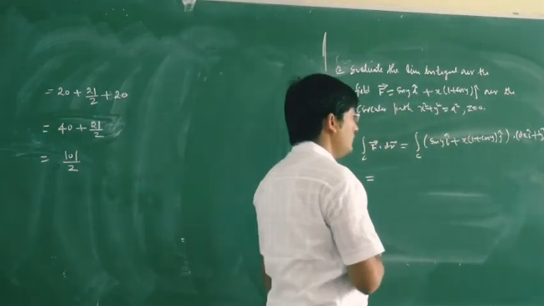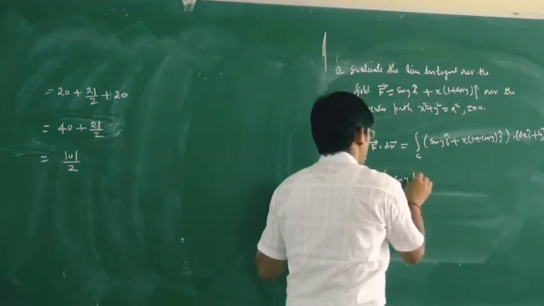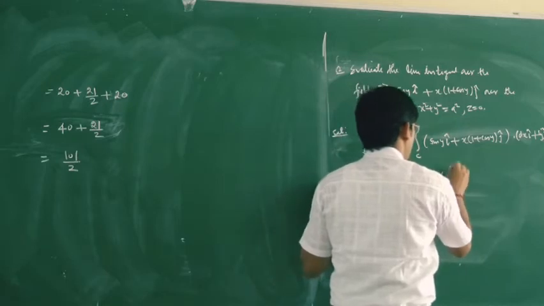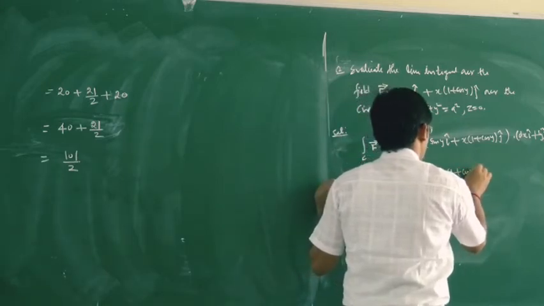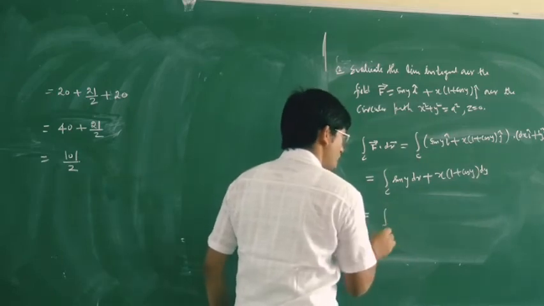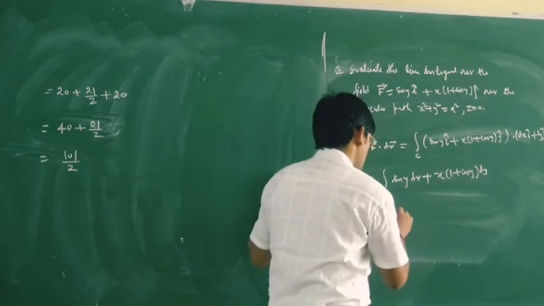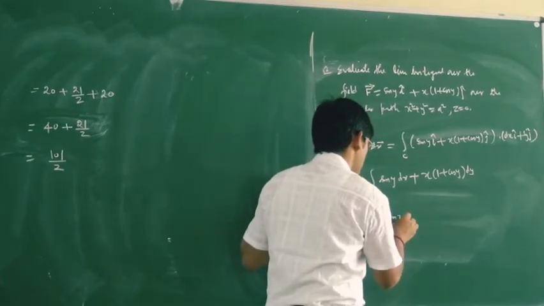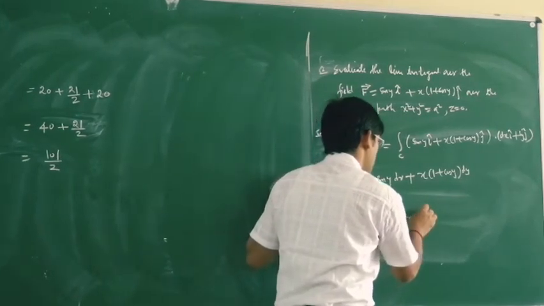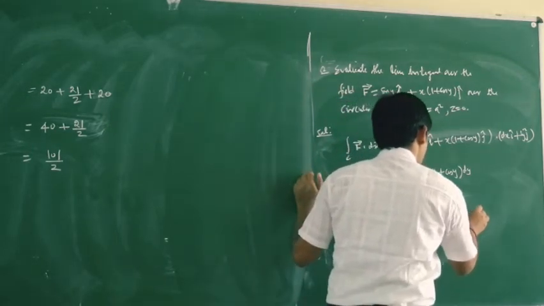So this is equal to, now your i dot i is 1, so we have sin y dx, then your j dot j is 1, so we have x into 1 plus cos y dy. Now here we can combine these two terms, sin y dx plus x cos y dy, then you will have x dy.